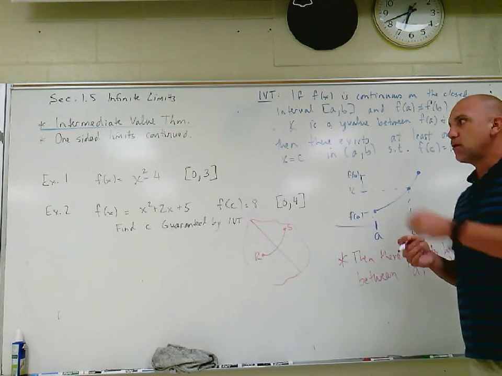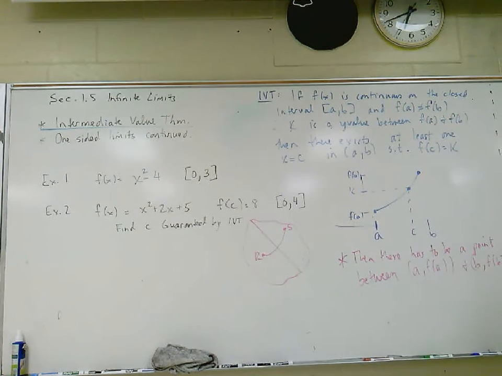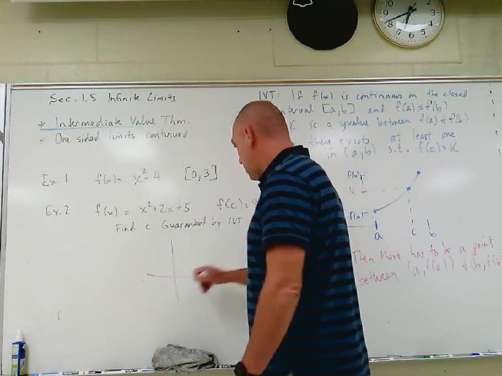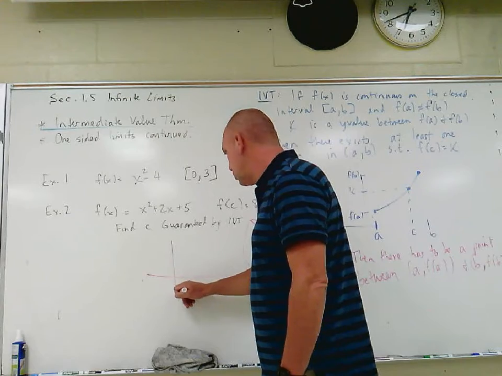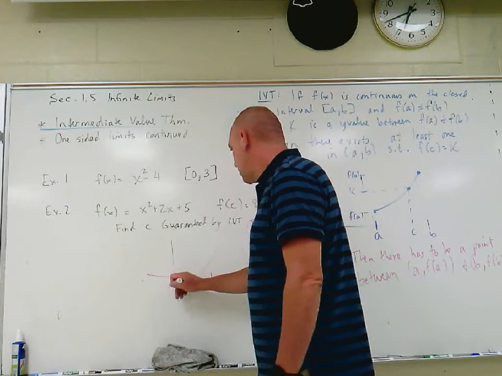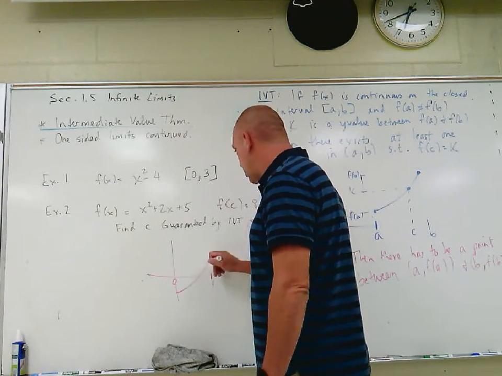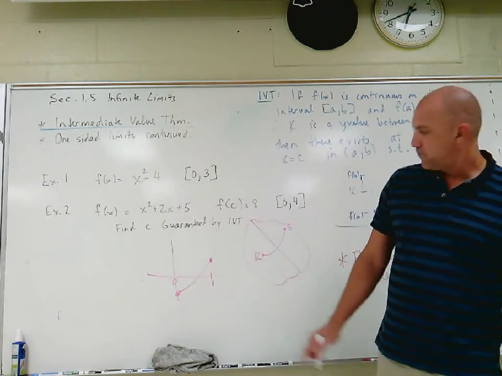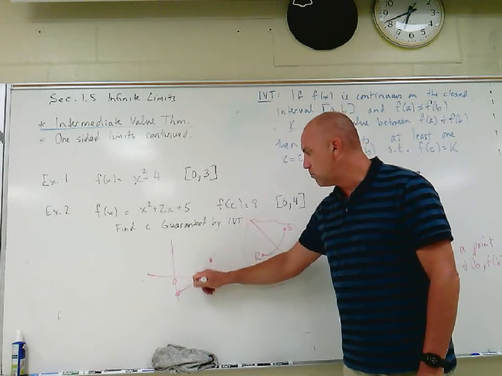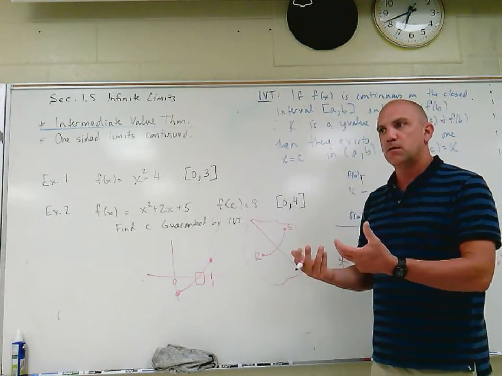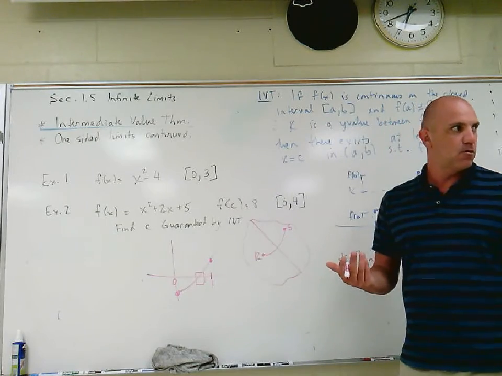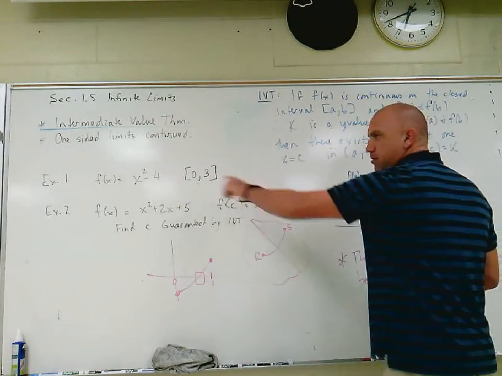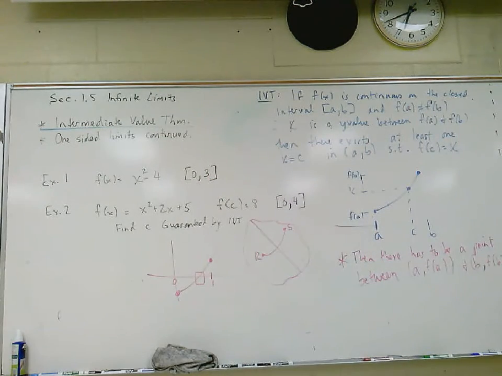Where this typically works is how I'm going to work example one. If I take a function, and I know that at 1 it's got a positive output, and at 0 it's got a negative output, then if this is the graph from 0 to 1, I know that between 0 and 1 there's an x-intercept. Typically, we use it to say there's an x-intercept. I'll play out the Intermediate Value Theorem on example 1 to show you how it works.